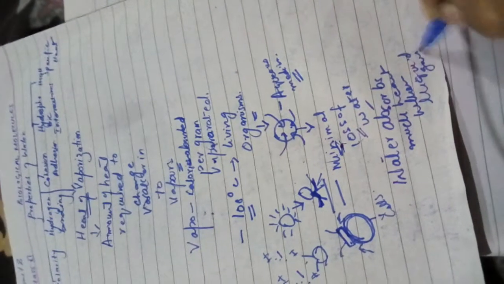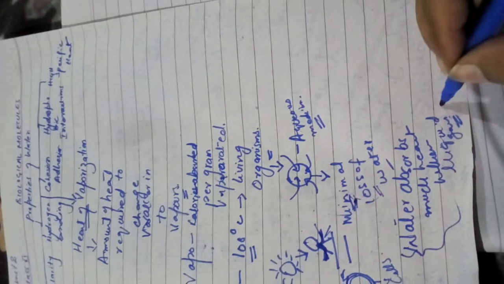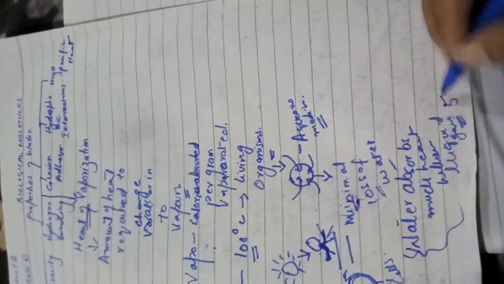So when it changes its state from liquid to another state, like the body of a man in the environment, this is the process of evaporation, which is specific for water, and it is 574 kilocalories per kilogram.